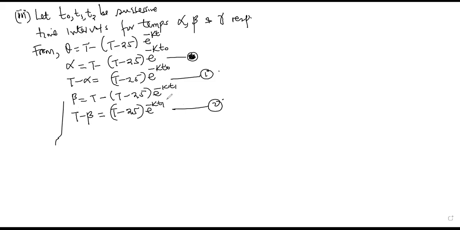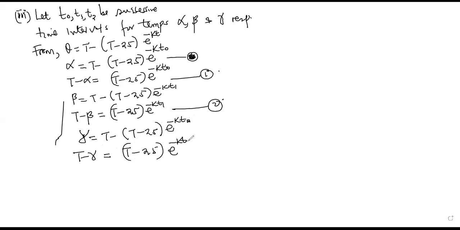Then also for gamma, gamma is equal to T minus 25 e to the power negative k t2, implying that T minus gamma is equal to T minus 25 e to the power negative k t2.